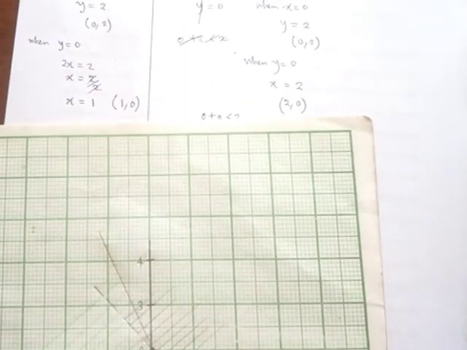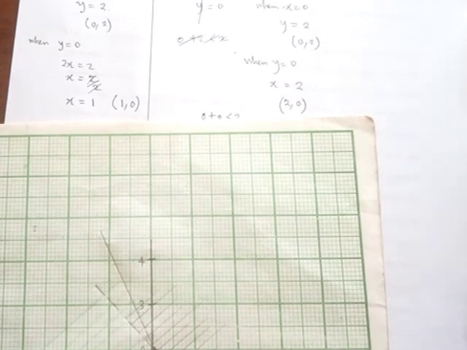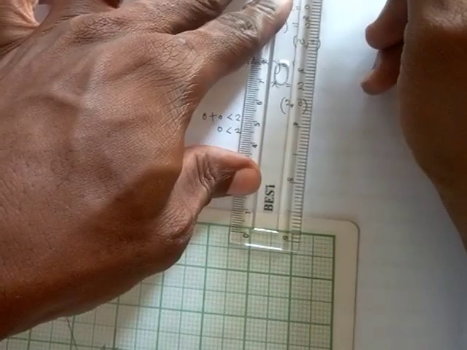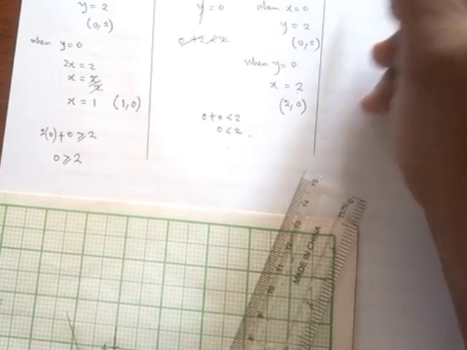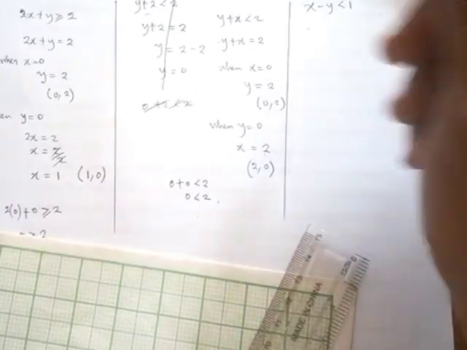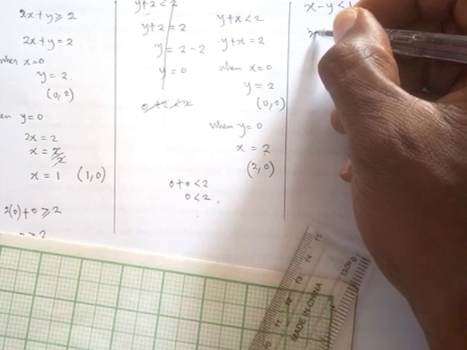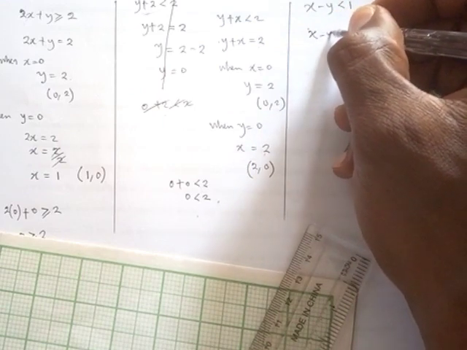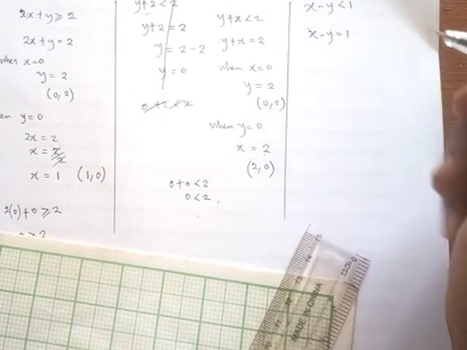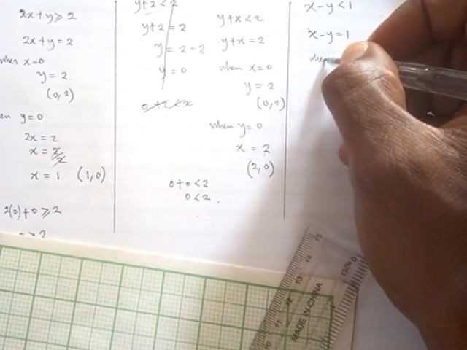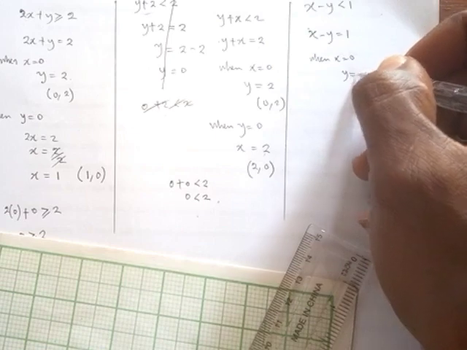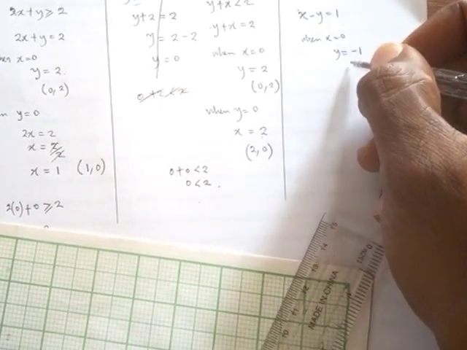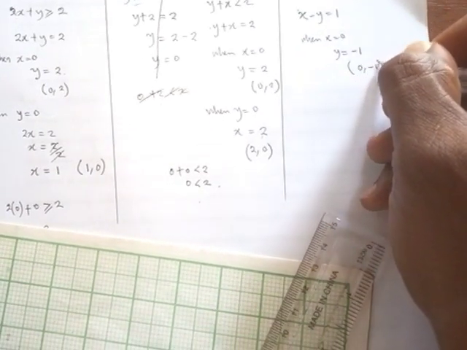So next we'll move to the third inequality, that says x minus y is less than 1. So we're going to draw the boundary line for x minus y equal to 1. When x is 0, we have y equal to minus 1. So for this point we have 0, minus 1.